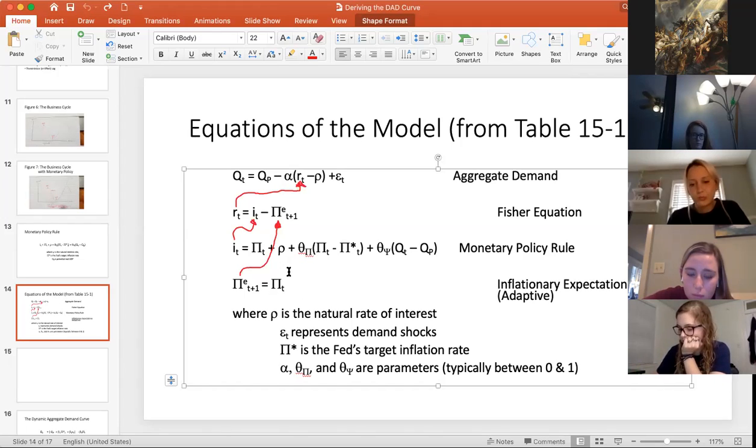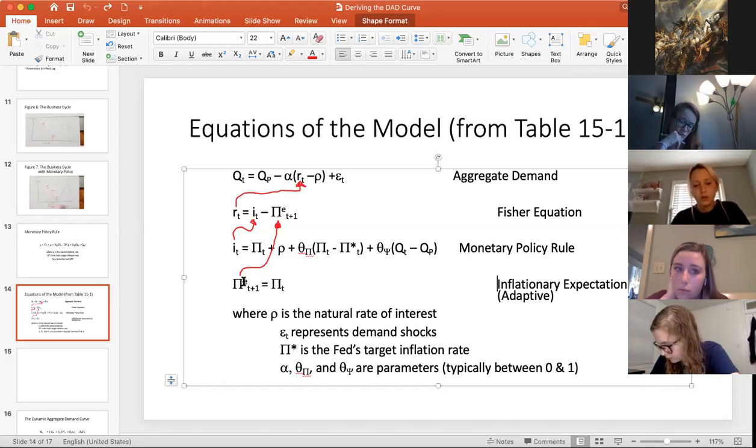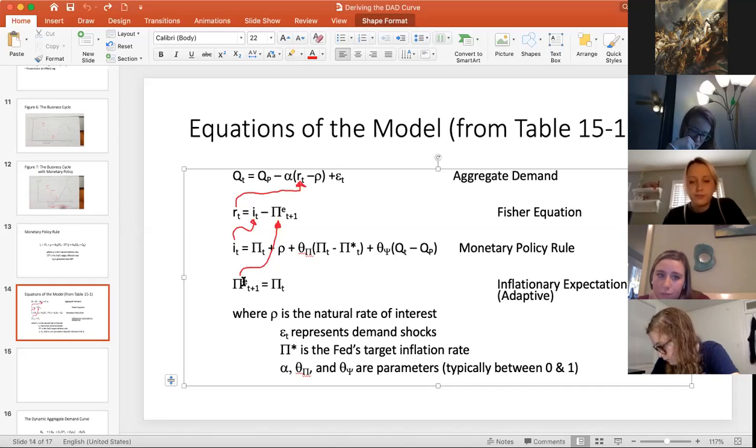Now, a more realistic model of inflationary expectations would probably use several periods. You would look at a weighted average. So if we were looking at what we expect the inflation rate to be in 2020, you would probably use a weighted average of the last several years' inflation rates.